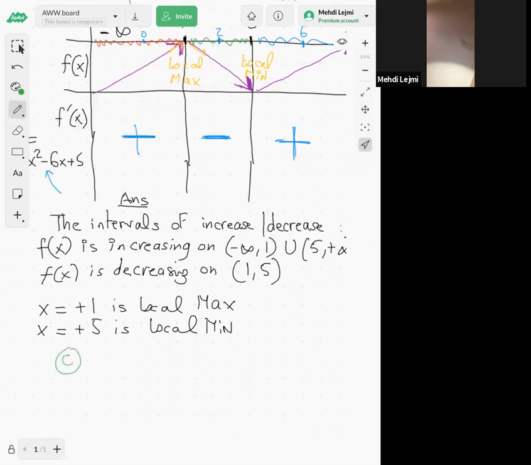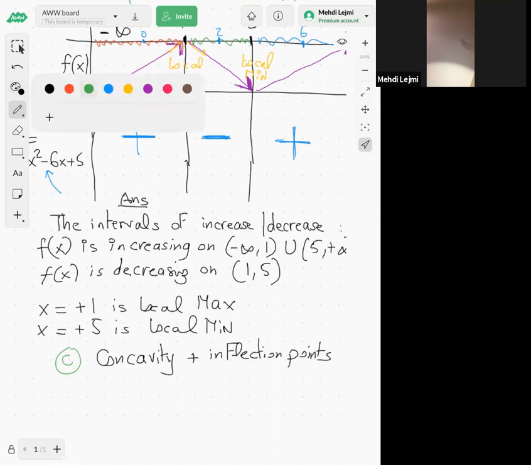For concavity and inflection point, we have to solve, first step, the second derivative equal to 0.